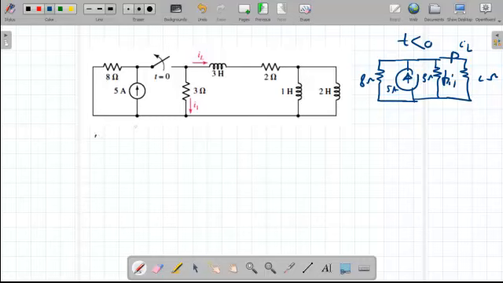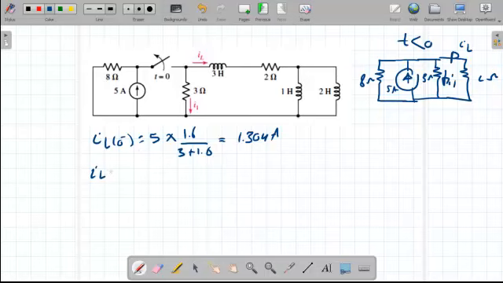So we can find I1 at 0 minus. We just use a current divider. So 5 times 1.6, where 1.6 is the combination of 2 and 8, over 3 plus 1.6, so it will equal 1.304 amp. IL at 0 minus will equal the same current divider, but now 5 times the combination of 3 and 8.